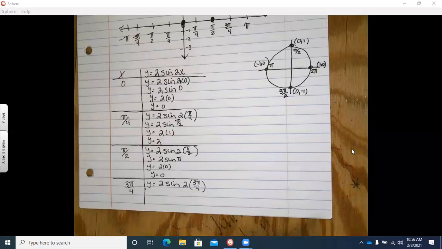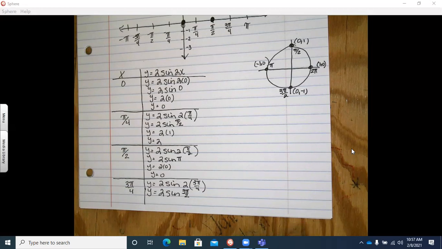Right, because it's 6/4 pi, which reduces to 3/2 pi, 3 pi over 2. So y equals 2 times the sine of 3/2 pi. And what is the sine of 3/2 pi? -1. So that would be 2 times -1, which gives me -2. So when x is 3/4 pi, y is -2.